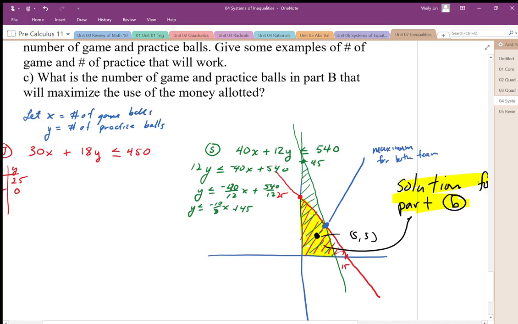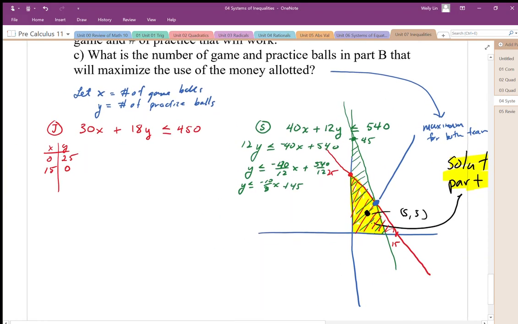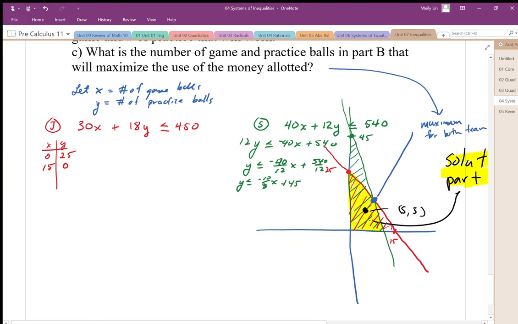So in these inequality situations, the vertices actually represent what we call optimization points, and this is what they use in financial analysis. So the number of game balls and practice balls that maximize the money allotted would be the solution for C. And we would solve that by actually finding the intersection of those two lines.